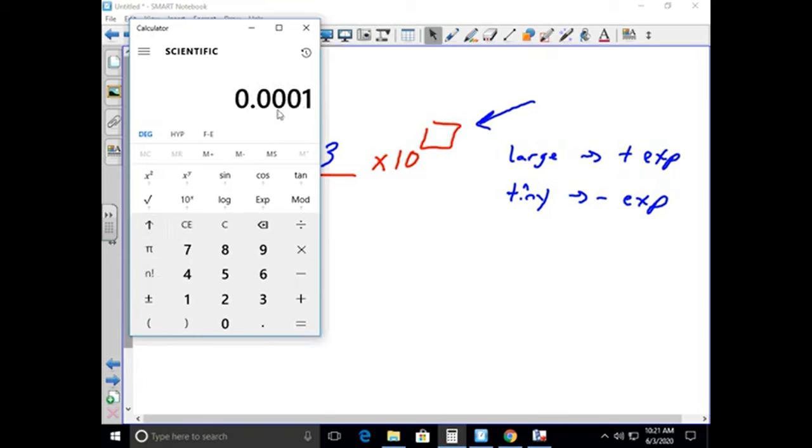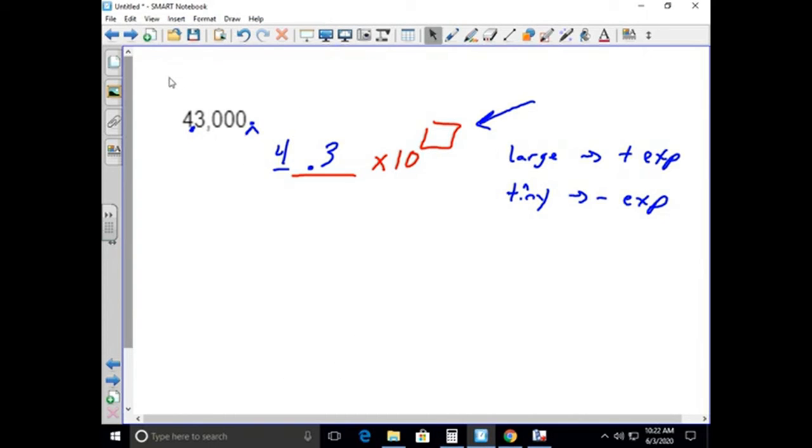So if a negative exponent in scientific notation means a tiny amount, a positive exponent means a large amount. So our exponent is based on how many places our decimal gets shifted to go to scientific notation. If we started here, we moved 1, 2, 3, 4 places. So our exponent is 4. That's a largish amount, so our exponent is positive. So 4.3 times 10 to the fourth is that value in scientific notation.